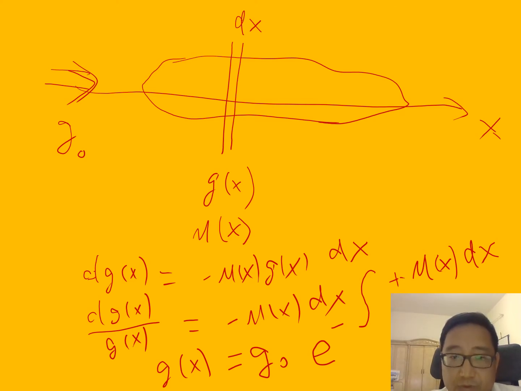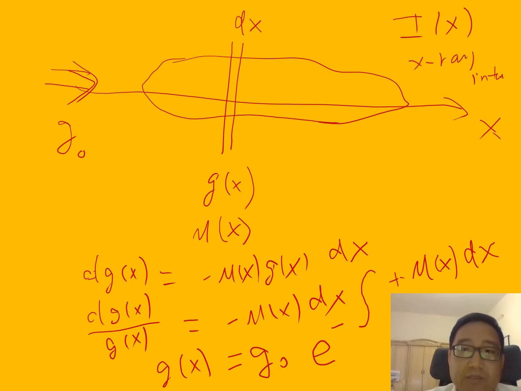That gives you the number of X-ray photons at any particular location x. In X-ray physics or radiology terminology, we don't use G, we use X-ray intensity, which we usually call I of x. But just think of this as the number of photons.